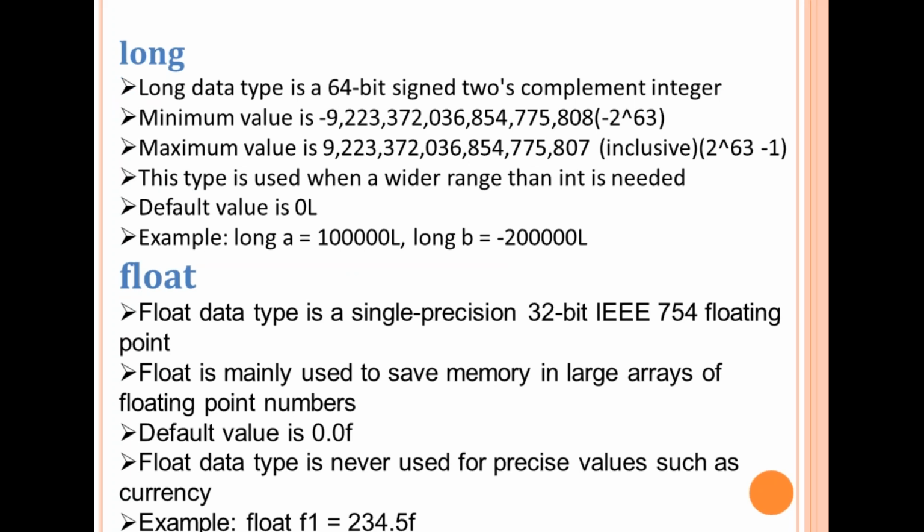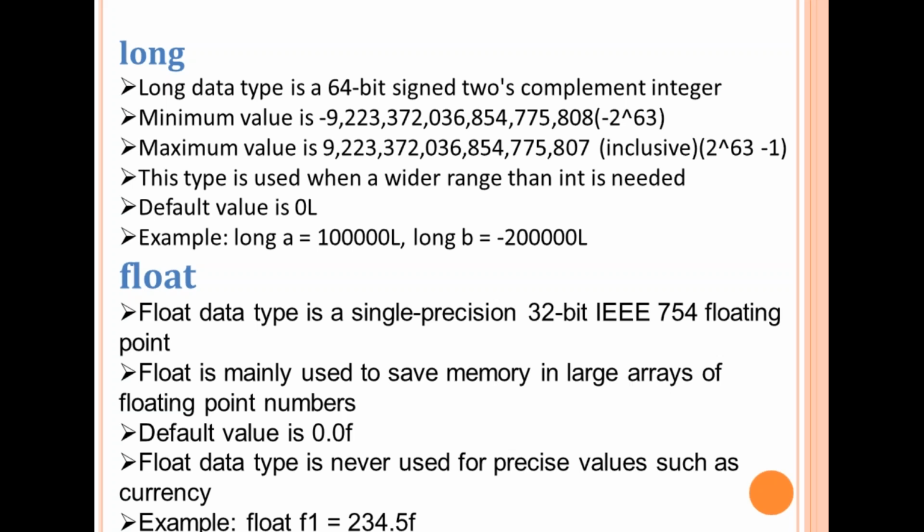Data type long. Long data type is a 64-bit signed 2's complement integer. Minimum value is -9,223,372,036,854,775,808 and the maximum value is 9,223,372,036,854,775,807.